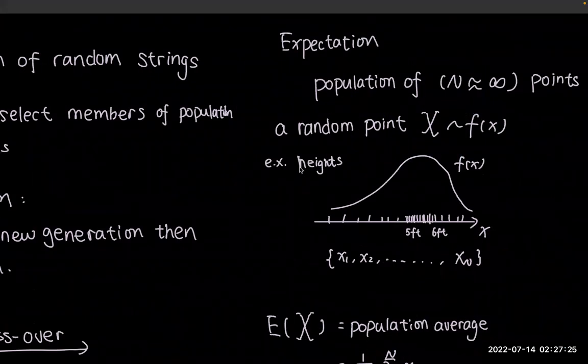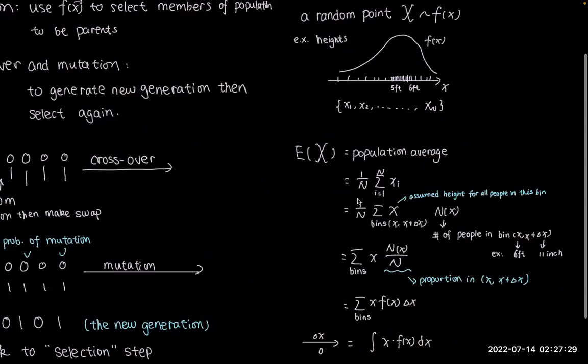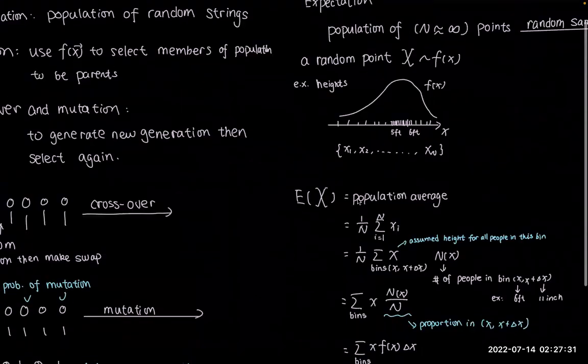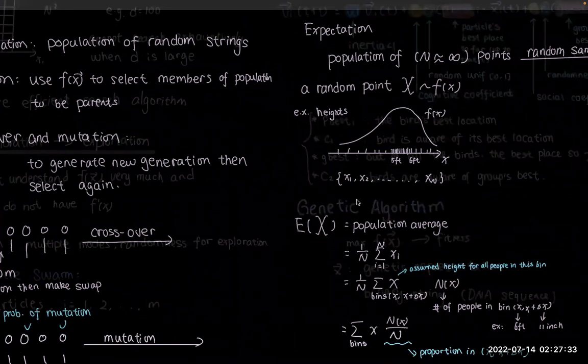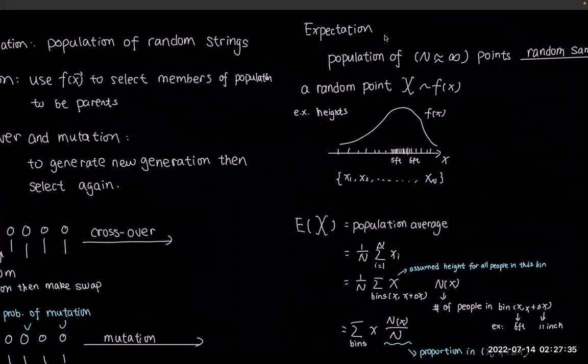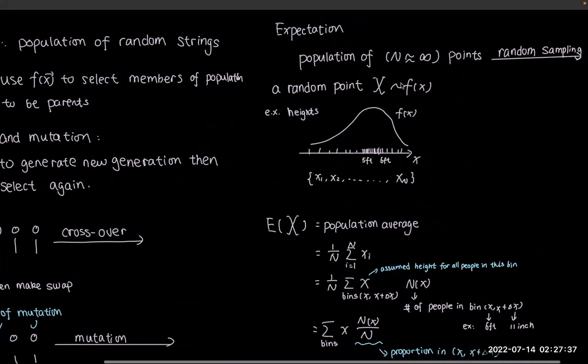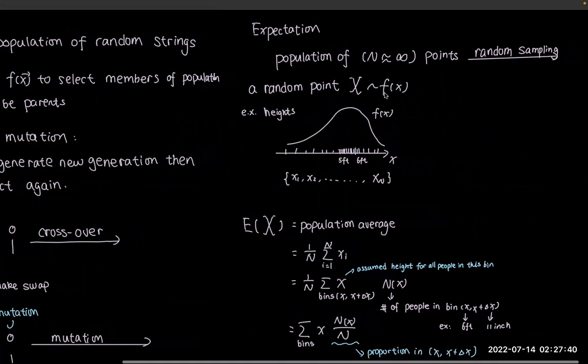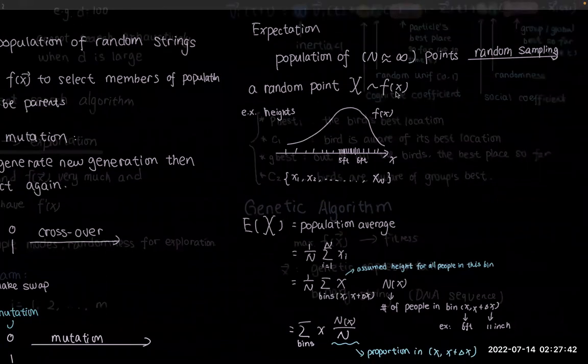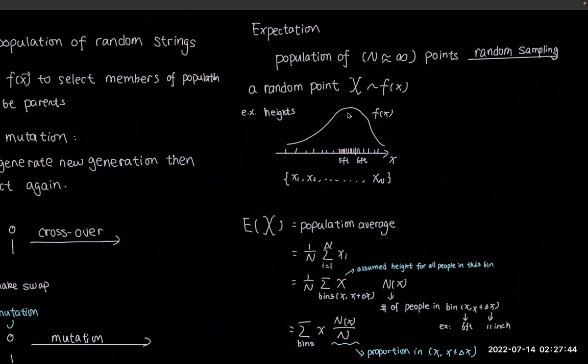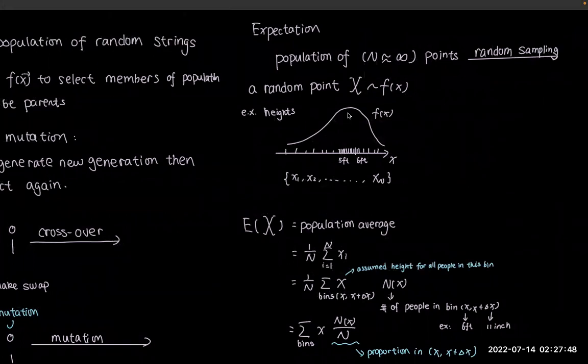Suppose that we want to calculate the expectation for a random variable. So the expectation for a random variable x following f of x can be considered as the population average for a population of N points, where this N is considered to be huge, almost infinite.